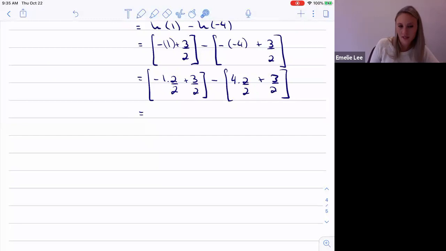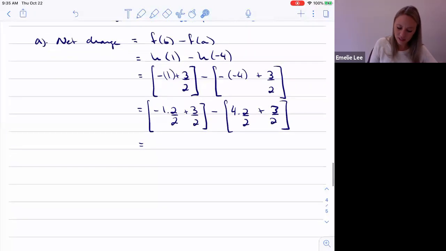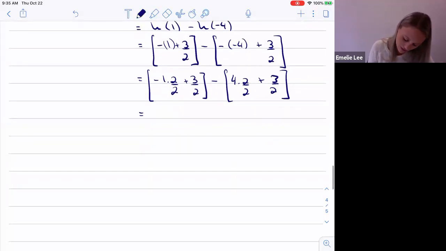What's nice is these have the same common denominator, so it eliminates a lot of work because I am still dealing with the same fraction. Unless I was introducing a fraction over here, that would make a mess, but I've got the same common denominator, so it's good. So now I'll be able to subtract these things.